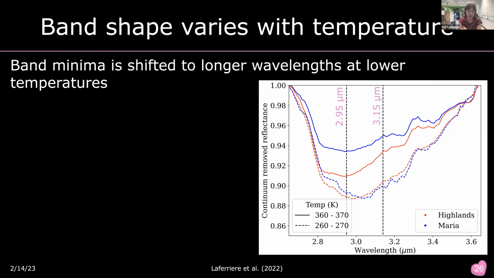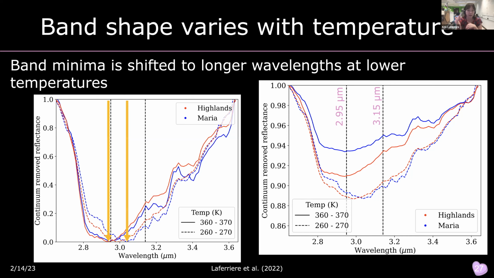Highlands again in red and Maria in blue. It's a little bit difficult to discern here, but especially for the Maria, at lower temperatures there is a shift closer, but not all the way, to this 3.15 micron absorption feature, which is more diagnostic of H2O.